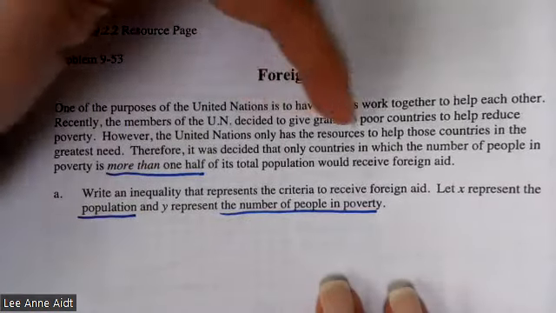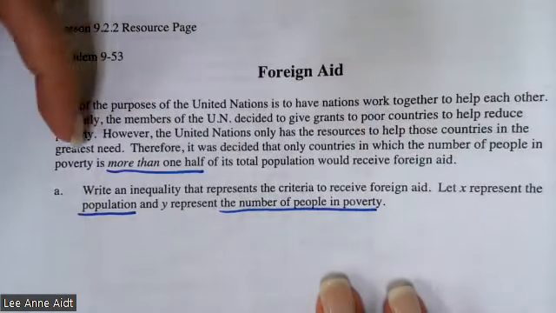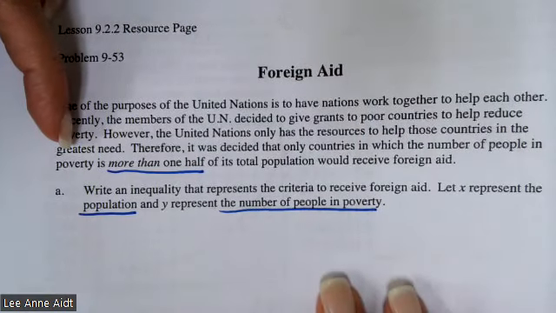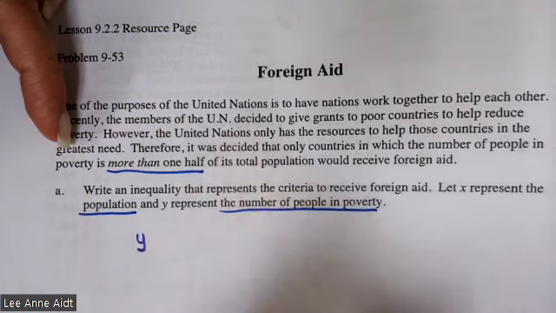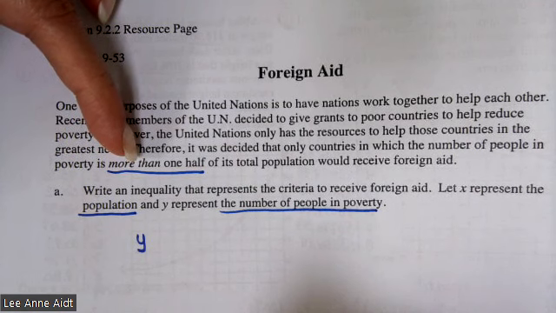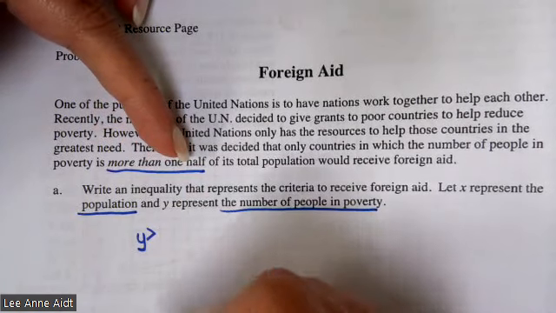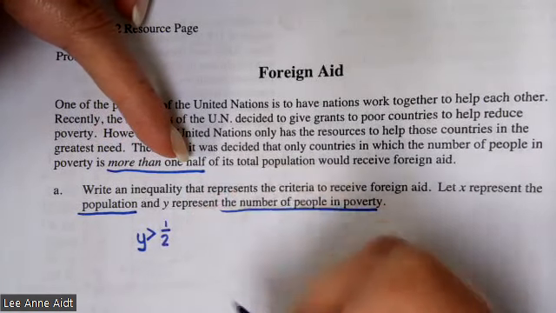Okay, so we're going to read this sentence. The number of people in poverty. What is that? Y is more than, greater than, 1/2. That's 1/2.